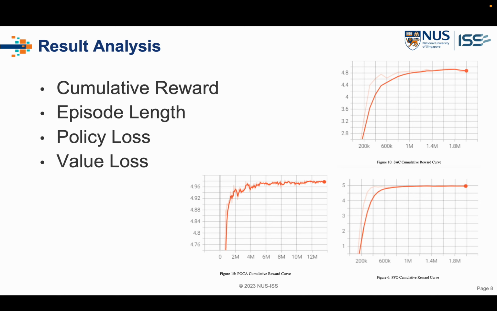The POCA algorithm shows improvements over time, but its convergence to the optimal policy may be slower, and the PPO and SAC algorithms show similar performance with both reaching a stable level at about 1.8 million step size. However, the policy loss of SAC presented a stable downward trend and was consistently less than zero, indicating that it performed well in training the policy network of agents.